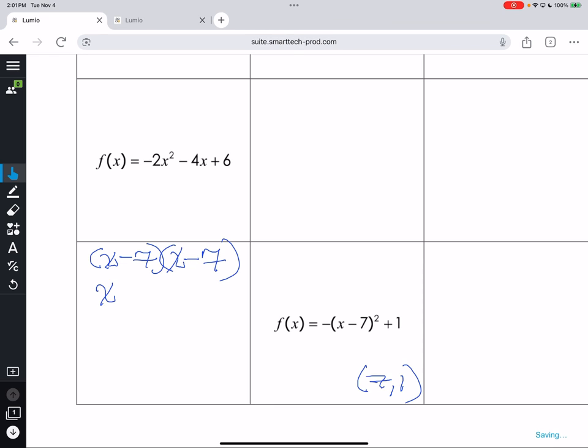X squared minus, outer and inner would be what? 14x, then plus 49. All right, do y'all see how we got that part? We're not through, but are we good to that point? We still have the plus 1, and we have the negative sign. So that means plus 1, that's going to be 50.